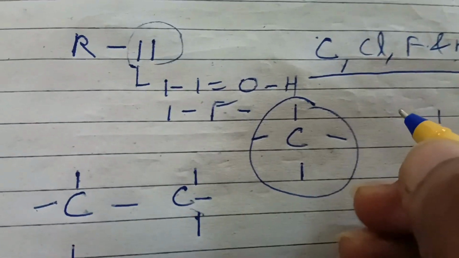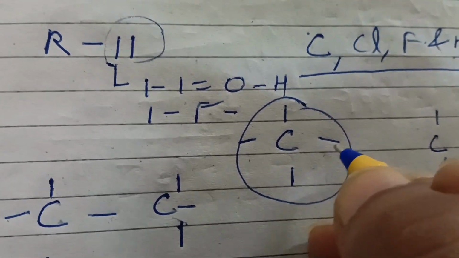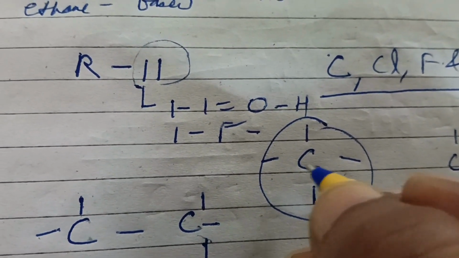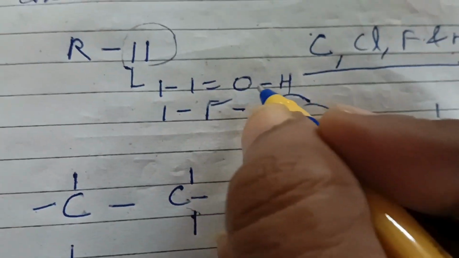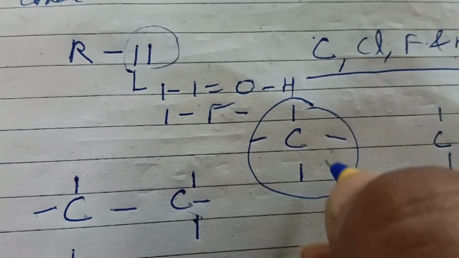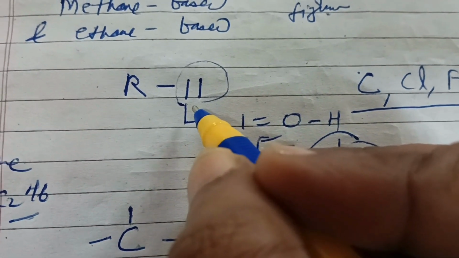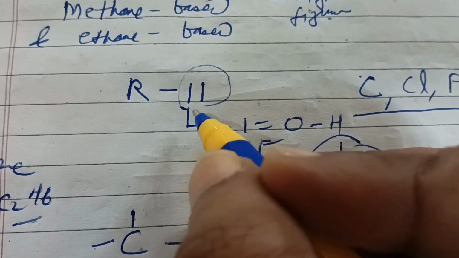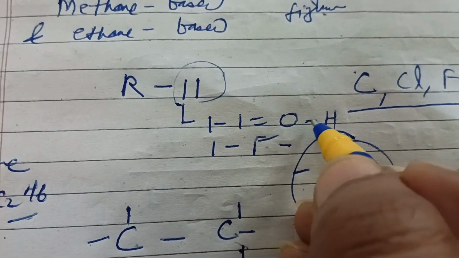So we have to give 4 different or similar elements to this carbon. See, the carbon is tetravalent. Here, as we got 0 hydrogen atoms, hydrogen will not come into the picture. If you have not seen my first video, I will put the link in the comment section. The first digit minus 1 gives the number of hydrogen atoms.